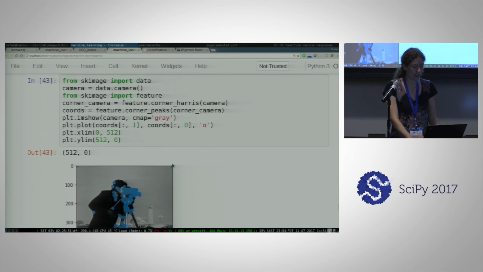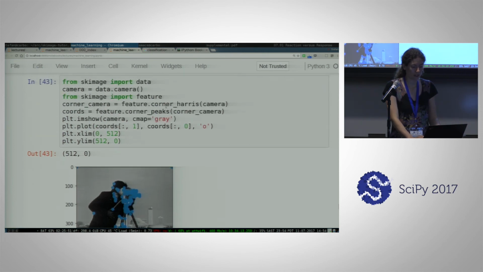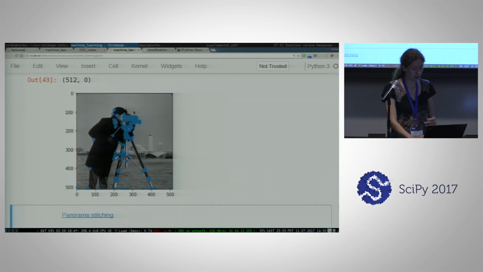Here I used this corner Harris function from the feature submodule of scikit-image, which detects the location of where you have a corner. You can see that here, for example, it looks like a corner, here too, and so on.